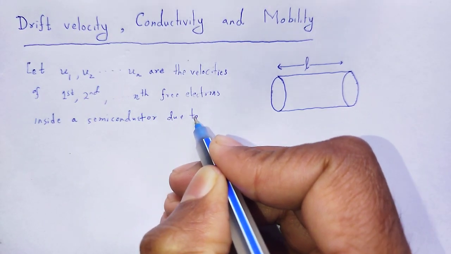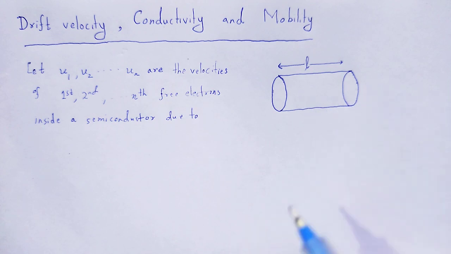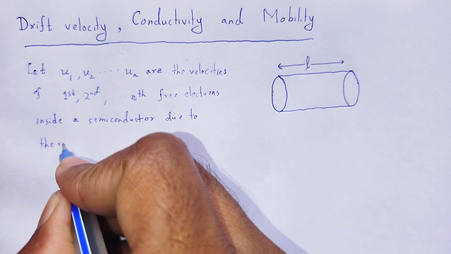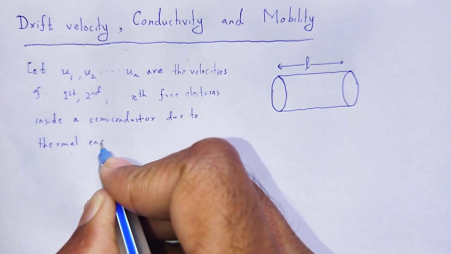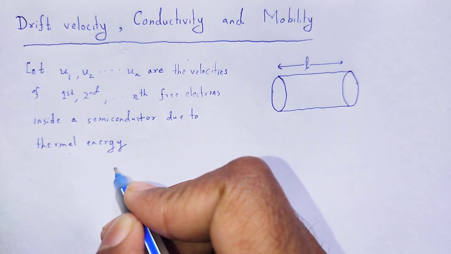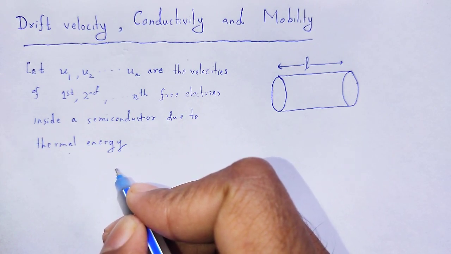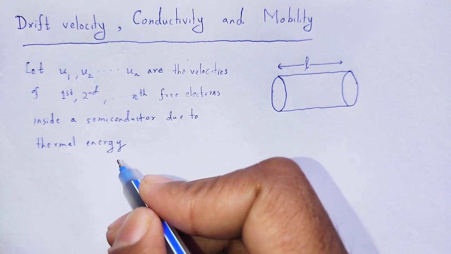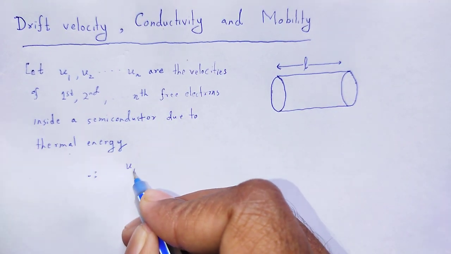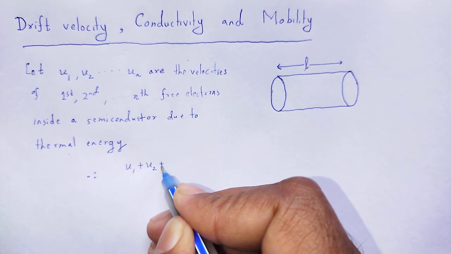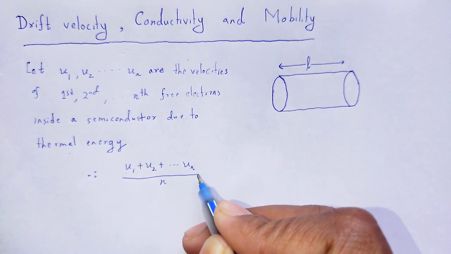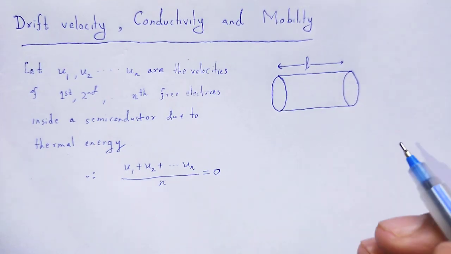Due to thermal inertia, the average is U1 plus U2 up to UN divided by n is equal to 0.